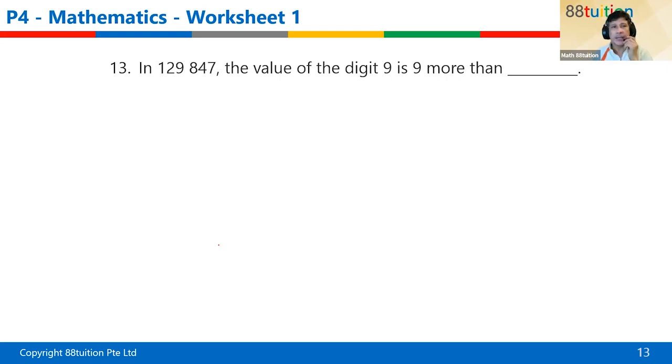Now they tell you you have this number 129,847. Then the value of the digit 9. So where is 9? 9 is in the thousands place, which means the value of the digit 9 is 9,000. And this value is 9 more than that blank. So actually this 9,000 is bigger than this other number, this blank, by 9.